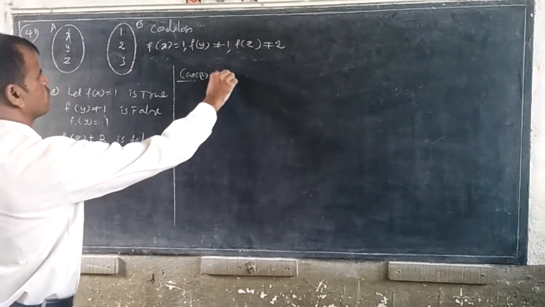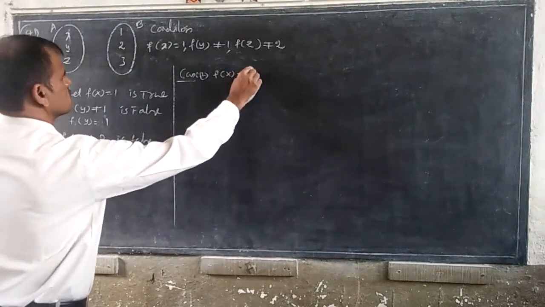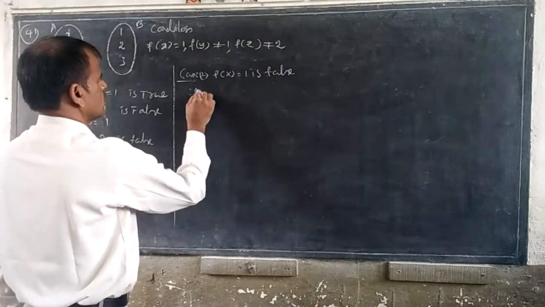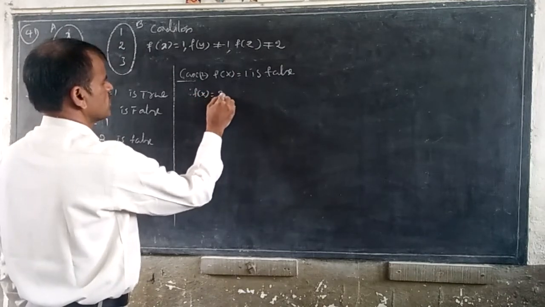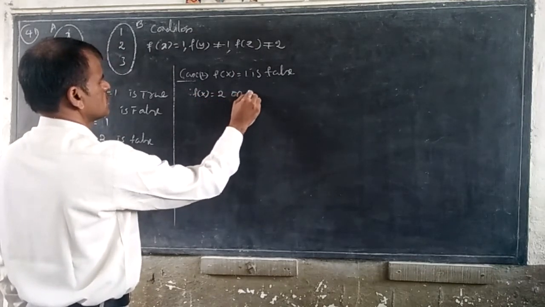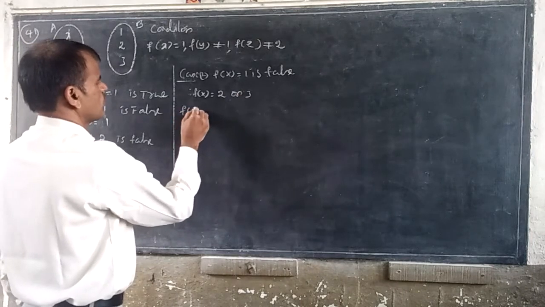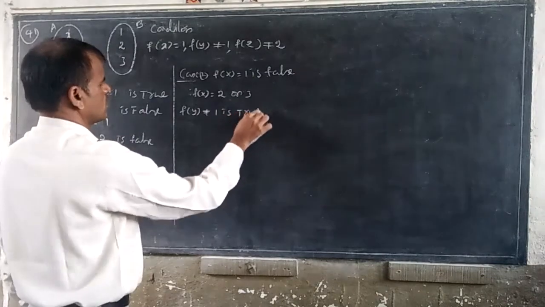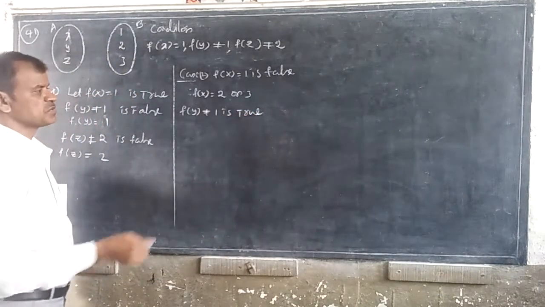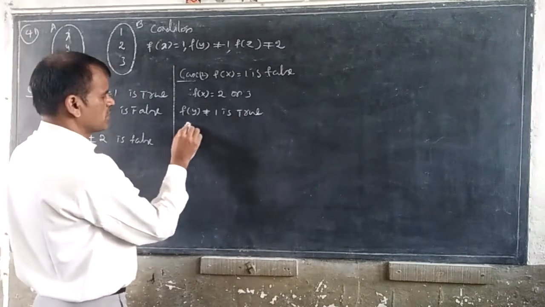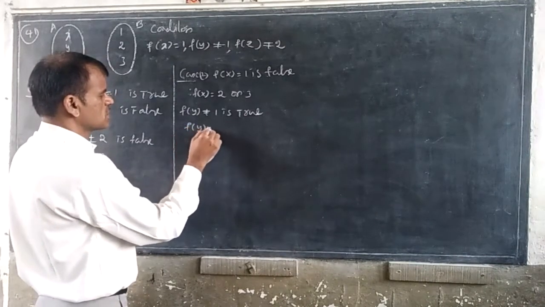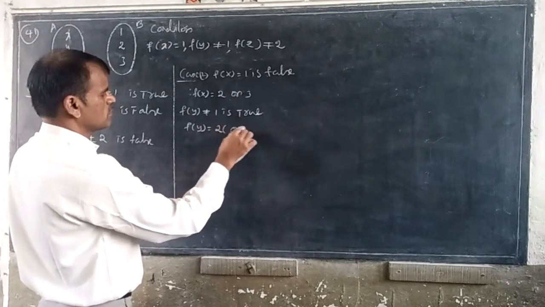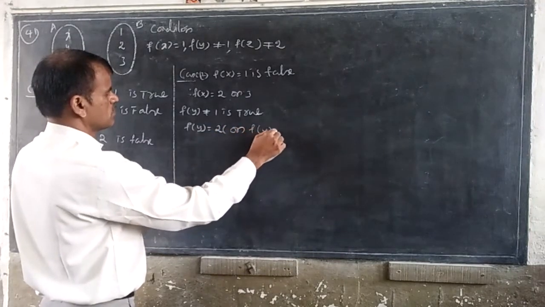Case 2. f of x is equal to 1 is false, so f of x equal to 2 or 3. Now, f of y not equal to 1 is true, so f of y equal to 2 or f of y equal to 3.